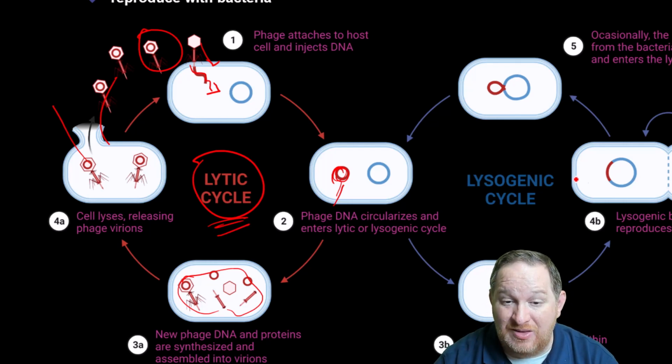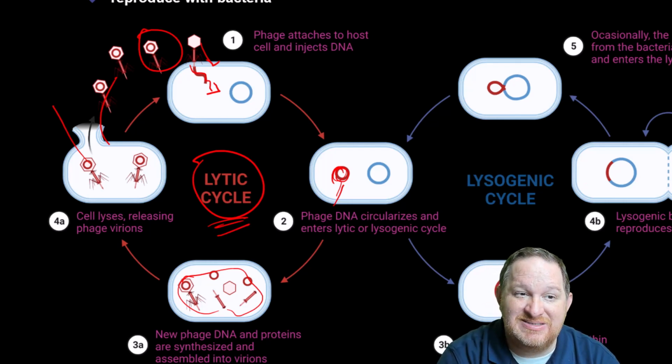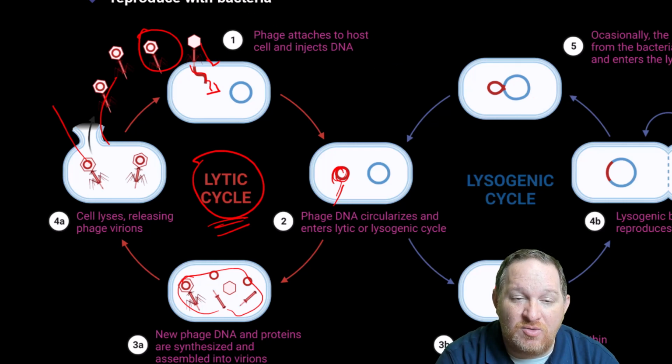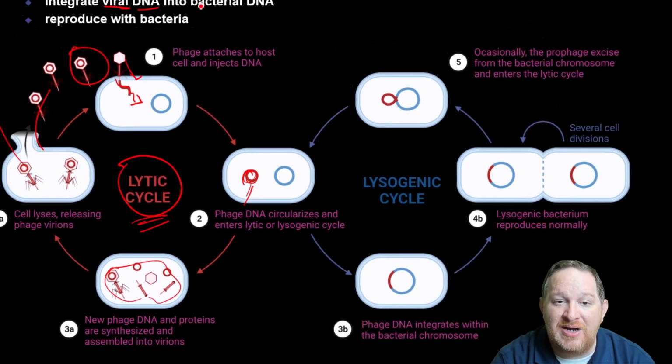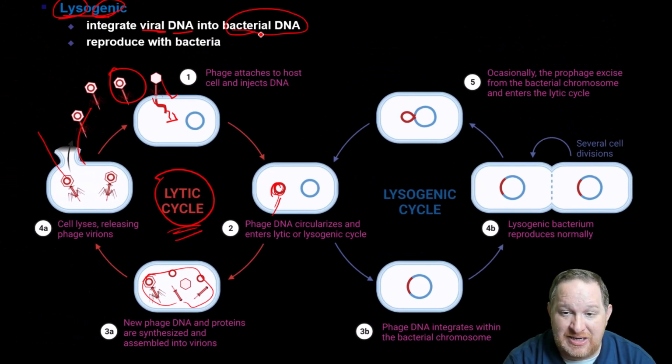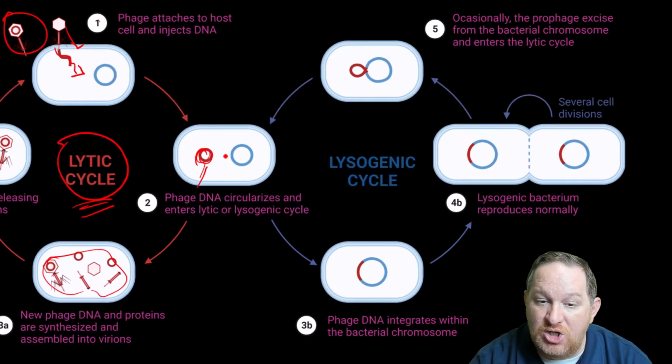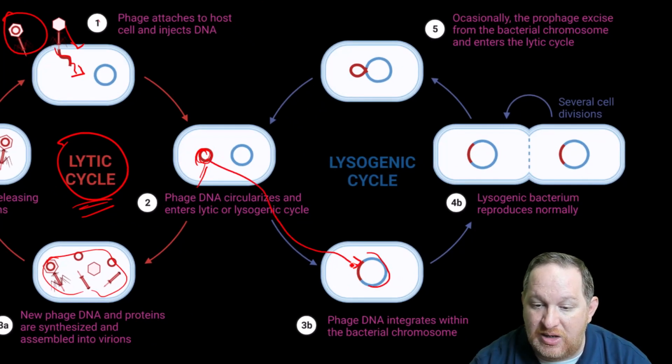Another, I think a little more interesting step is the lysogenic. Think about this, lysing a gene. This is when the viral DNA gets incorporated into the bacterial DNA. So for example, if you look here, we go to first step again, so that's the same. Bacteriophage injects its DNA. Here's the DNA. Well, over time in the lysogenic cycle, notice how this DNA has become part of the bacteria's DNA.